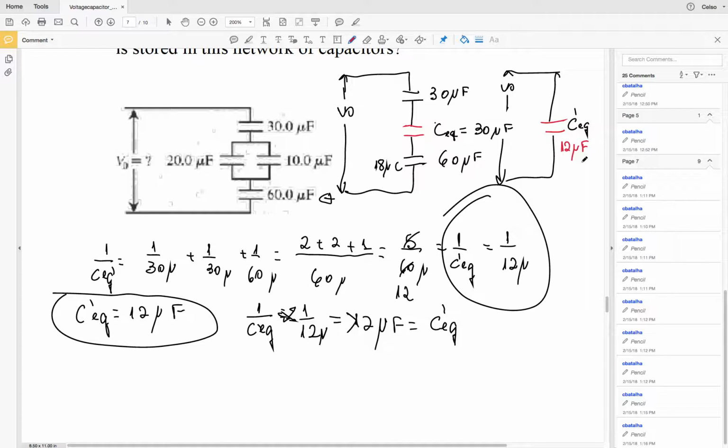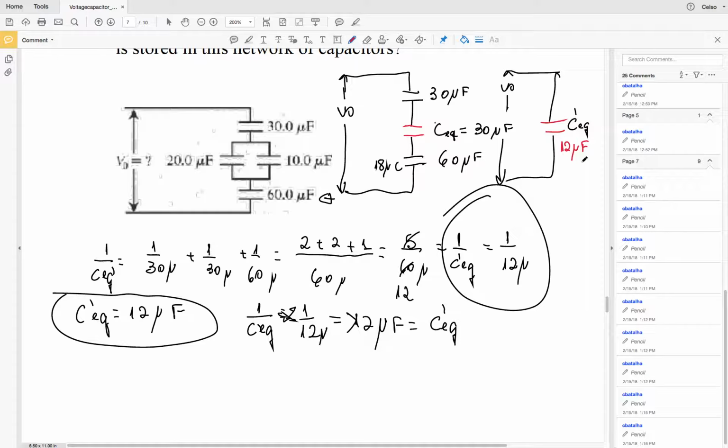So what properties of capacitors can we use that will help us to solve this problem? If one capacitor has a charge of 18 microcoulomb, all the others have the same charge. Not only that, the equivalent capacitor has the same charge.